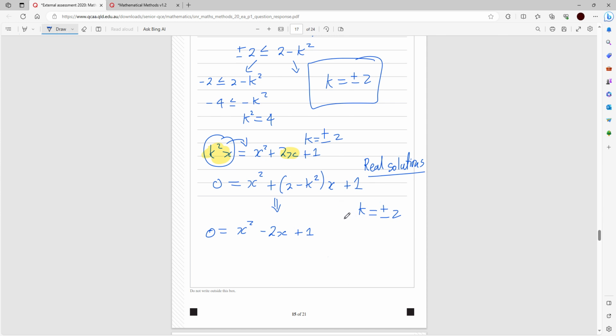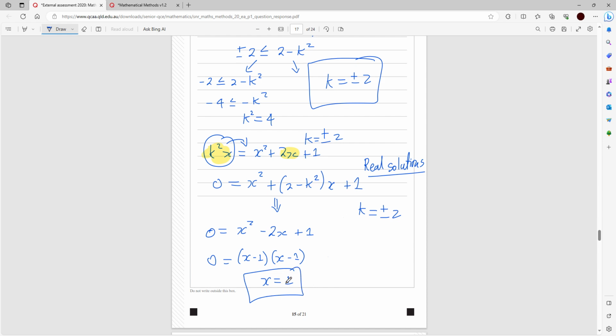And then once you have that, you'll be able to solve that. So if you think of two numbers that multiply to give 1 and add to give negative 2, you're going to think of x minus 1 and x minus 1. So that means the only solution to this is x is equal to 1.